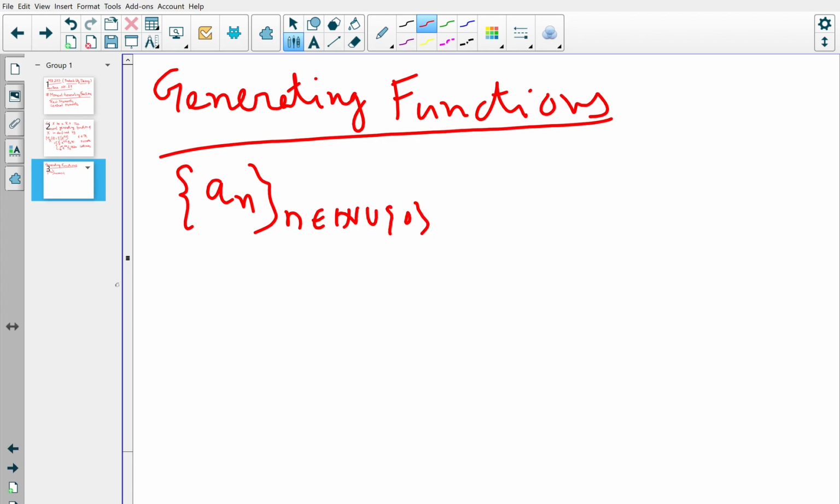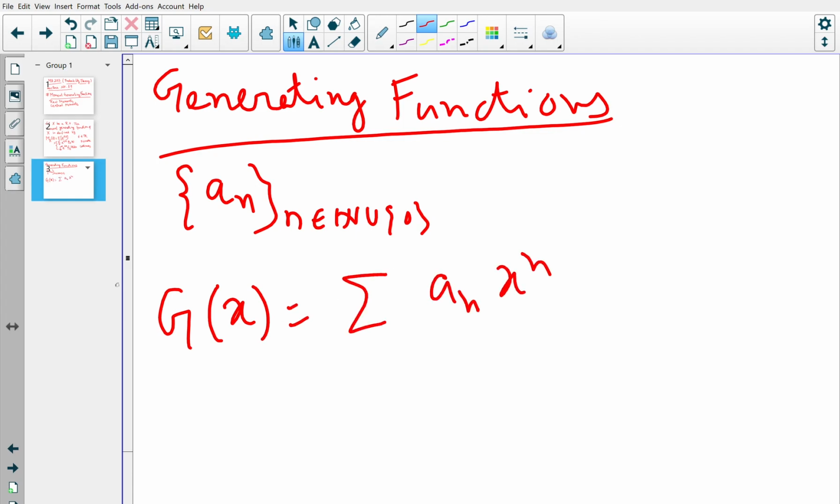We would like to know whether there is a function which generates this sequence, and we define the generating function by the summation of a_n x power n. This is one type of generating function.